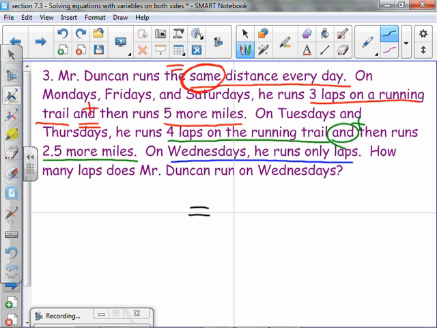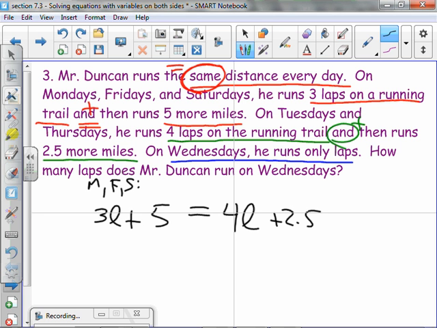For Mondays, Fridays, and Saturdays, it says that Mr. Duncan runs 3 laps, so 3 times, how about L for lap, and plus 5 miles. 3L plus 5 miles. And then on Tuesdays and Thursdays, he runs 4 laps, 4L, plus 2.5 miles.